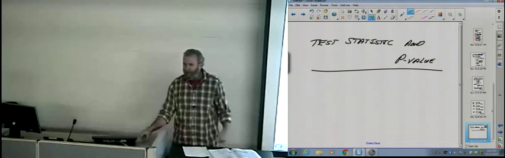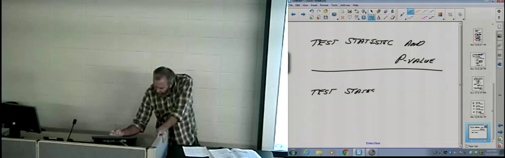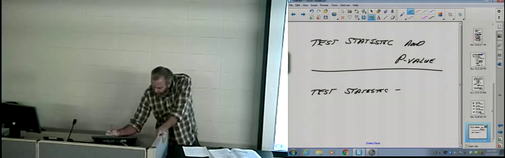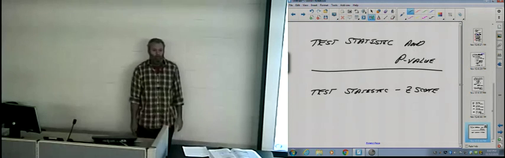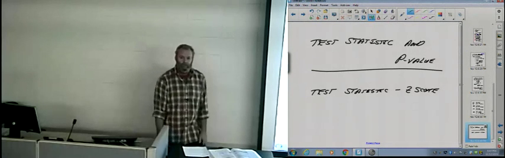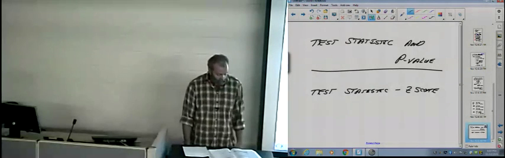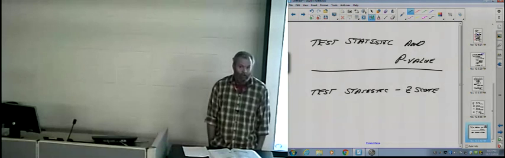Now, the test statistic, that's a z-score. That's all. It tells you how many standard deviations away from the mean your X bar is. It's a test statistic calculated from the sample data, calculated from your X bar.